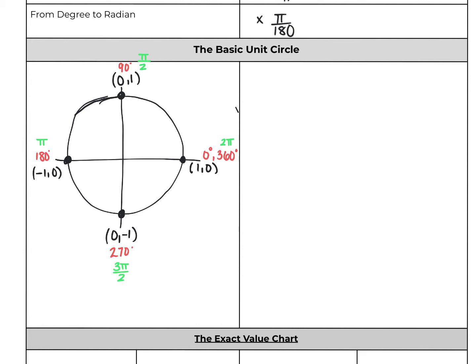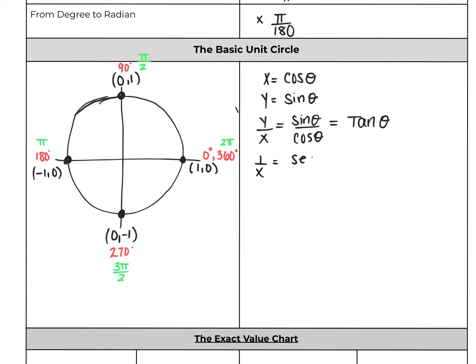All right, what else do we know about the unit circle? Well, the x value is equivalent to the cosine of an angle. The y value is sine of theta. Y divided by x, or sine divided by cosine, is your tangent of theta. And then we can use our reciprocal pairs, right? We know that 1 over x is the reciprocal of cosine, which is secant.